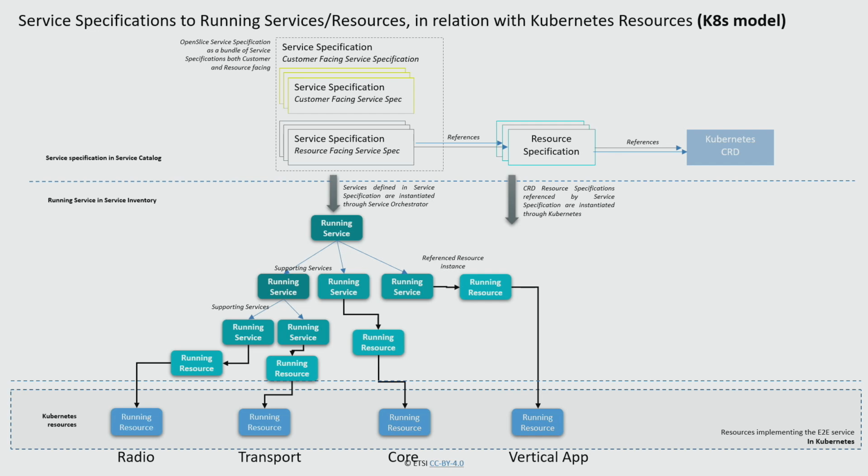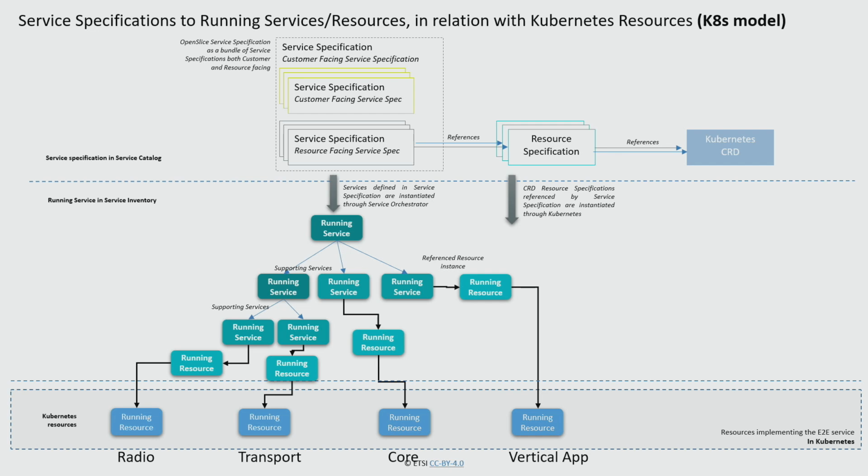So a service specification, a customer-facing specification, can be a bundle of others, but in the end, it has to contain a resource-facing specification that will actually provide the ordered service. This specification references resource specifications that we enable through CRIDS exporting, that in the Kubernetes paradigm, references Kubernetes CRDs.